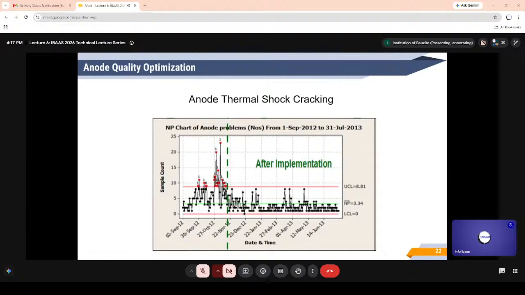To address the problem, the dry aggregate granulometry was modified to increase the grain to sand ratio from 2 to 4. Anodes produced with the revised granulometry were then supplied to the pot rooms. The figure shows the resulting reduction in anode problems.